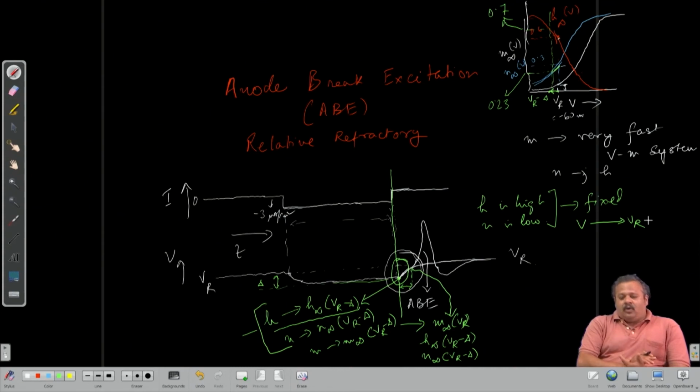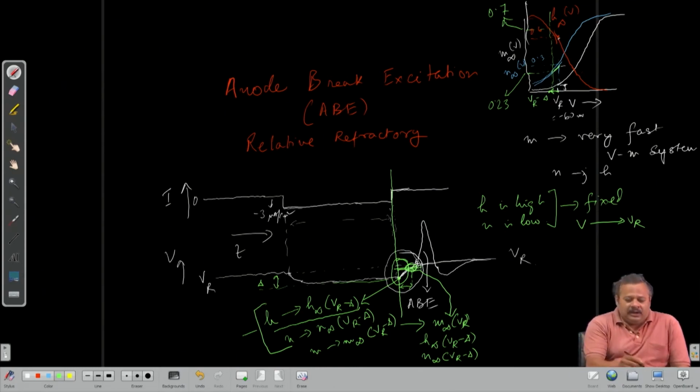But in this scenario, although the voltage has reached VR, the corresponding values for H and N required for the neuron to have no net current and be at VR, we do not have that. H is larger than that, N is smaller than that, and H being larger means that more sodium current will be flowing in, as expected from its gradient.